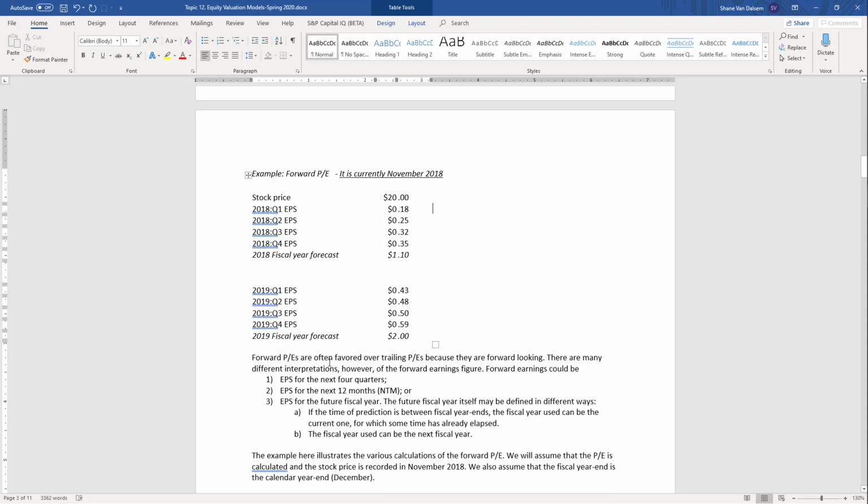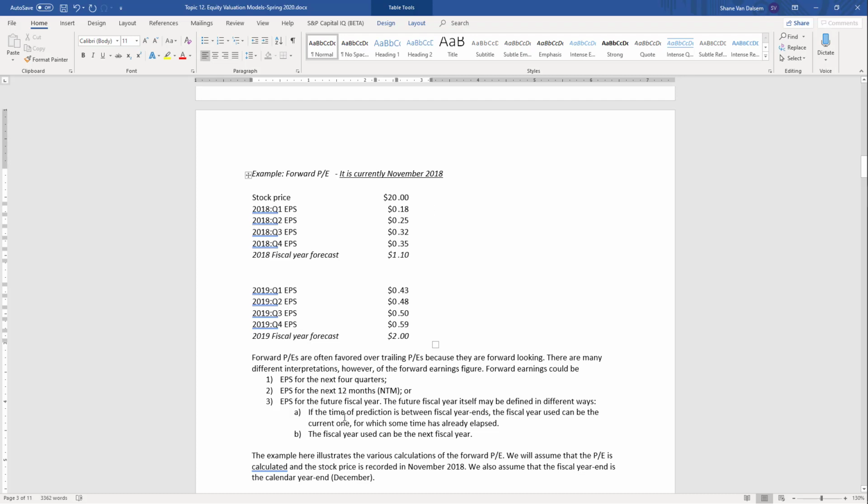Forward PEs are often favored over trailing PEs because they are forward looking. There are many different interpretations, however, of the forward earnings figure. Forward earnings could be the EPS for the next 4 quarters, the EPS for the next 12 months, or the EPS for the future fiscal year. The future fiscal year may be defined in different ways.